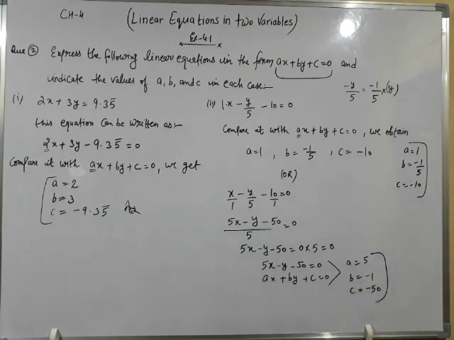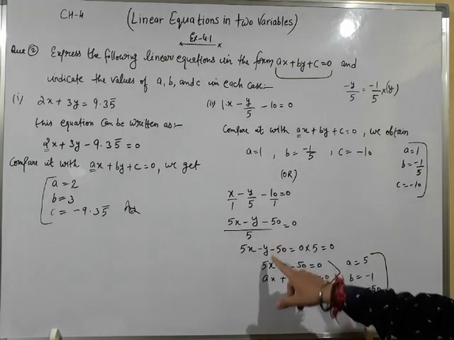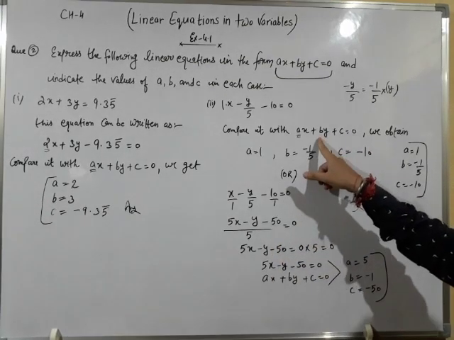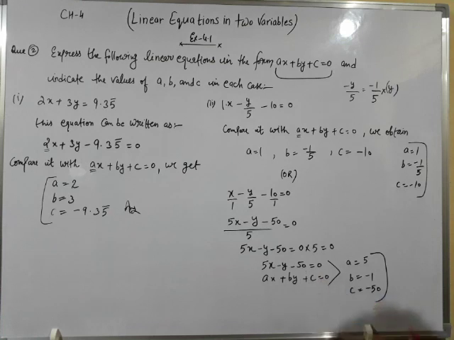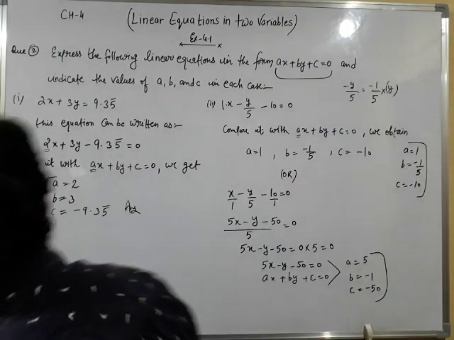We have converted it into the standard form of ax plus by plus c is equal to 0, and then we have compared. So no need to be afraid. You can follow any of the methods.